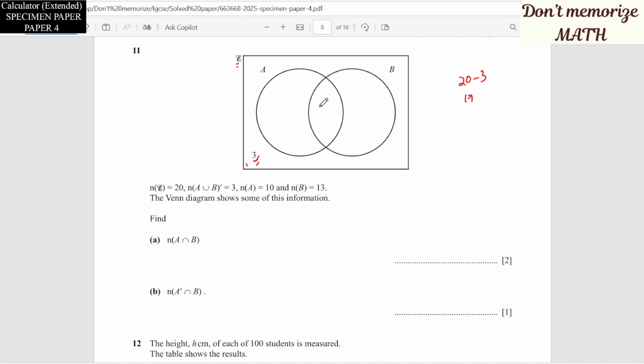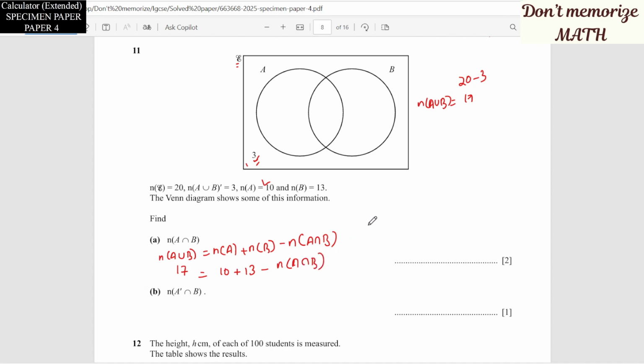Okay, either you can just think and write the numbers, otherwise this is for n of A union B. Or else you can use the formula. We have the formula n of A union B equal to n of A plus n of B minus n of A intersection B. So n of A union B we have 17 equal to n of A is 10 plus n of B is 13 minus n of A intersection B we don't know, so write like that only.